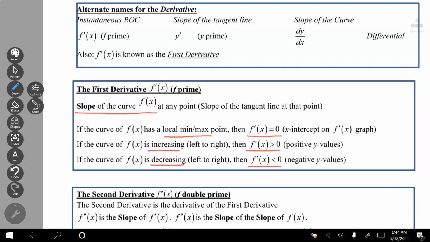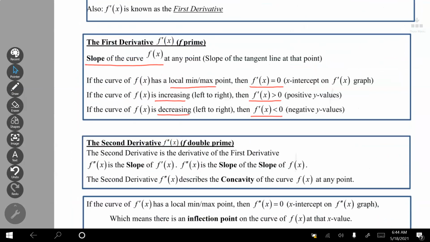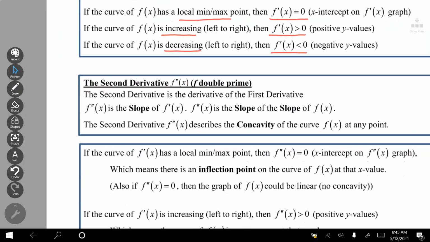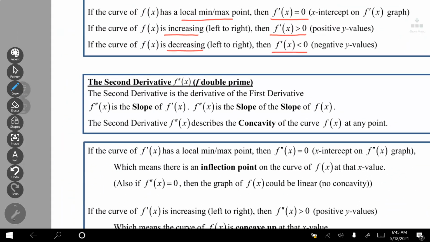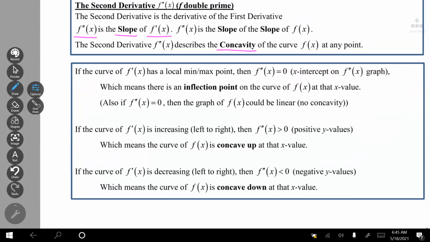That's the first derivative. Second derivative, or double prime, is the slope of the slope, or what we'd say is going to be the concavity. When we do the second derivative, we're going to look at f double prime being the slope of f prime. We're going to use the same rules we did before for f prime.